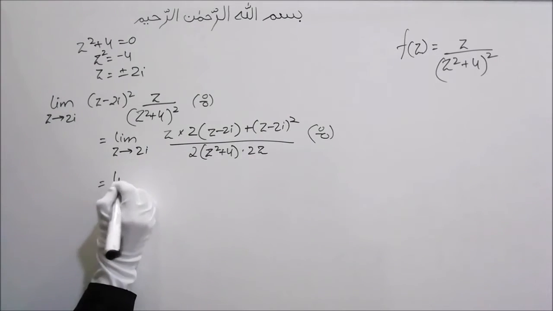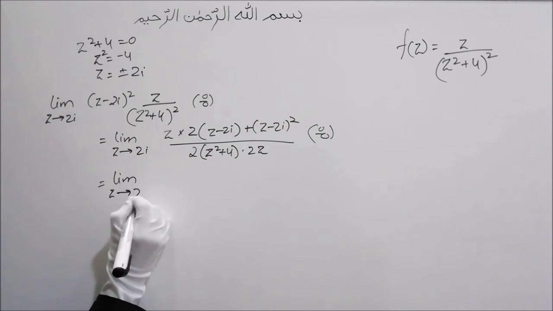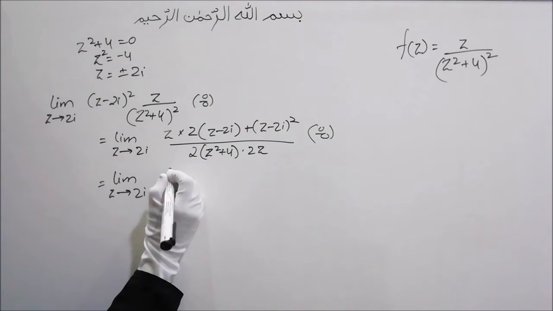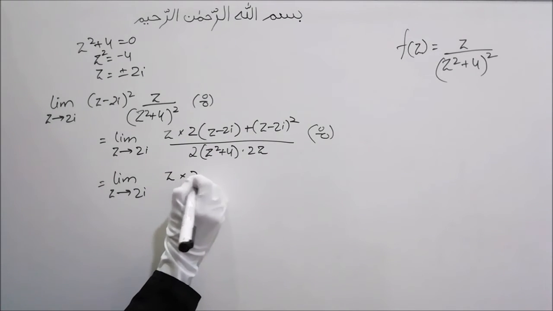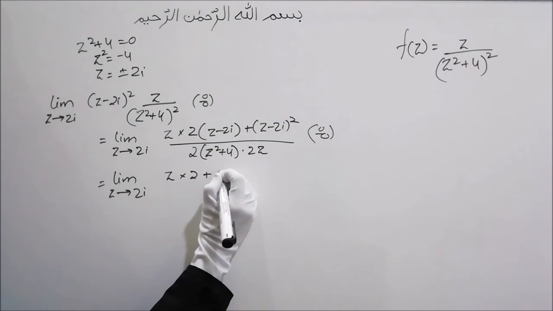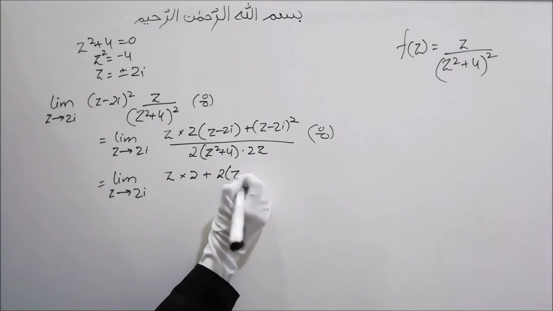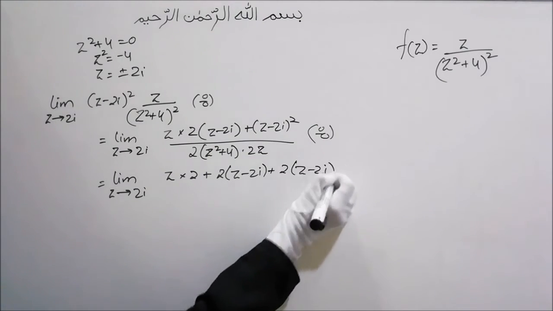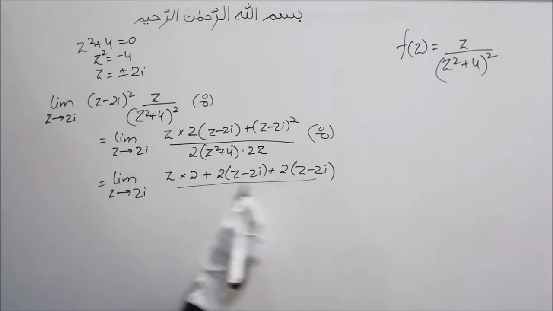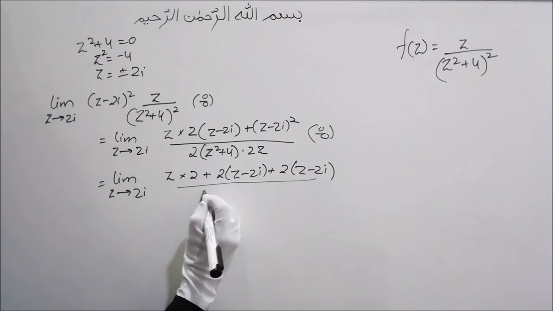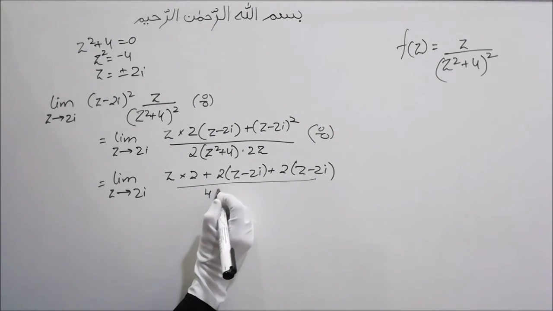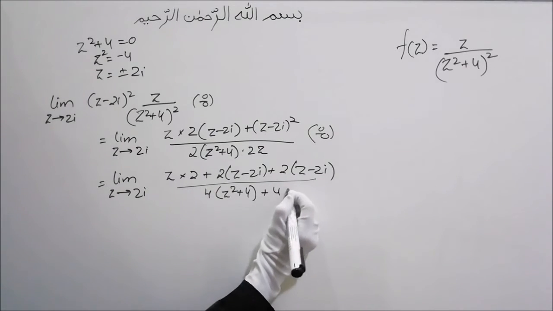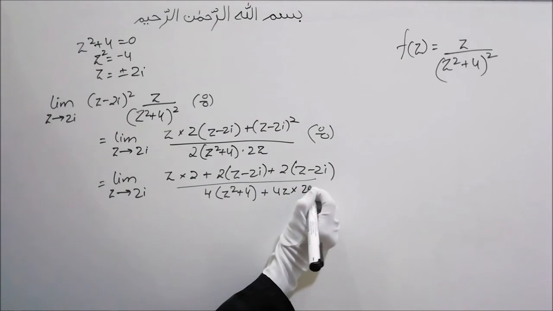I'll use L'Hospital's rule again and I'll get limit z tends to 2i, differentiation of the numerator, that will be z as it is into 2 plus z into 2 times (z minus 2i) plus 2 times (z minus 2i), divided by differentiation of the denominator, that will be 2 2s are 4 into (z squared plus 4) plus 2 2s are 4z into 2z.